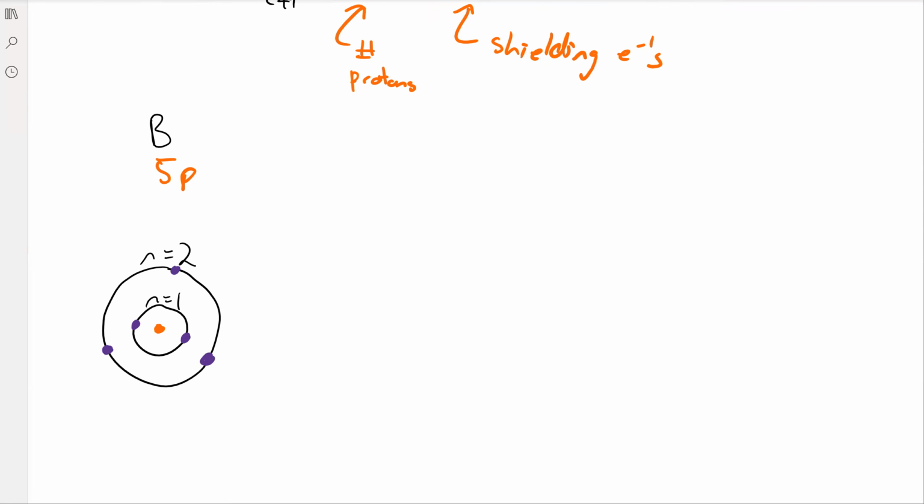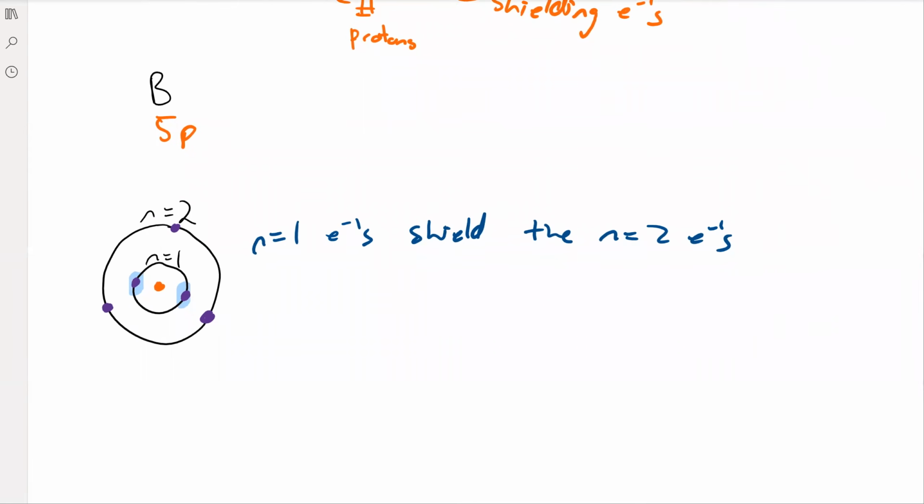And so if we think about the interaction between the nucleus and the electrons, we can see that our n equals 1 is between our nucleus and our n equals 2 electrons. So these electrons are actually going to shield the n equals 2 electrons from the effect of the nucleus, right? So n equals 1 electrons shield the n equals 2 electrons, since they're more core electrons.